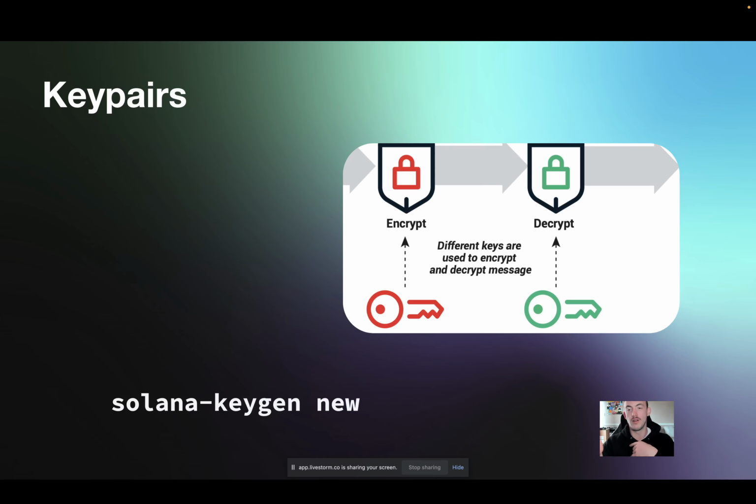So if you know that you're able to decrypt something with my public key, it was signed by my private key. And signing just means it hashes it using a cryptographic algorithm. So that's a little bit of a TLDR on key pairs. Basically, this is how wallets work in crypto, and particularly on Solana.